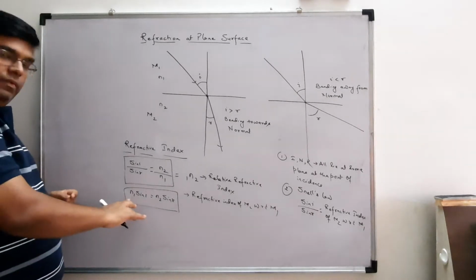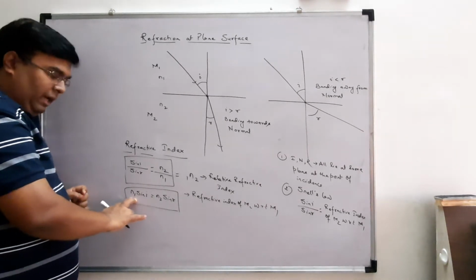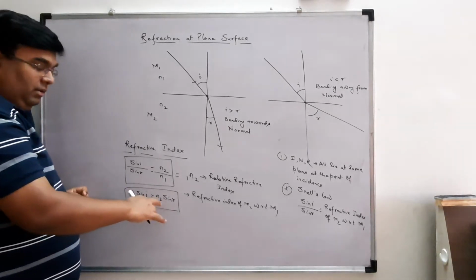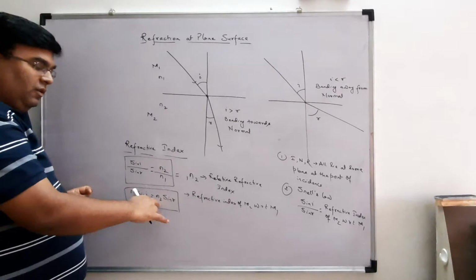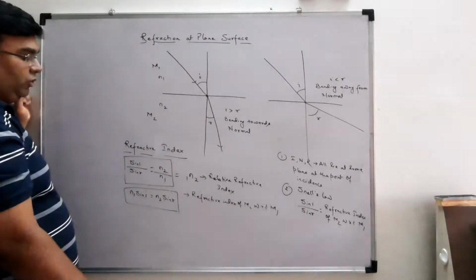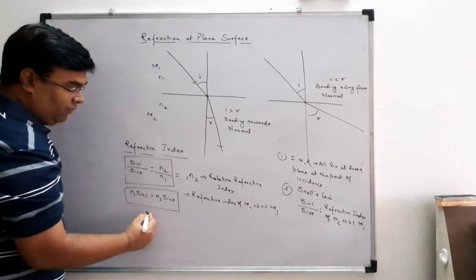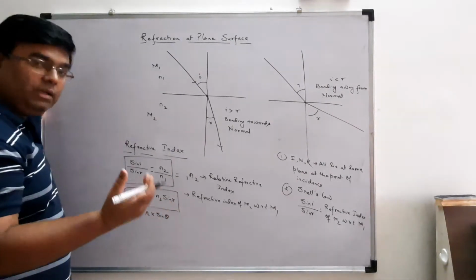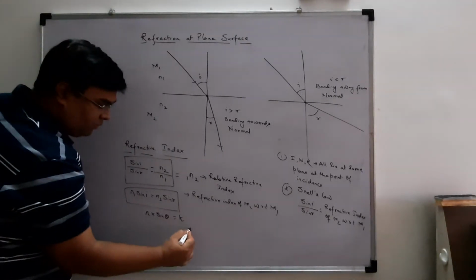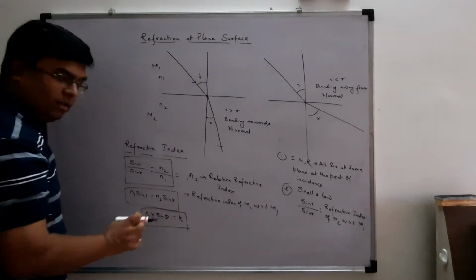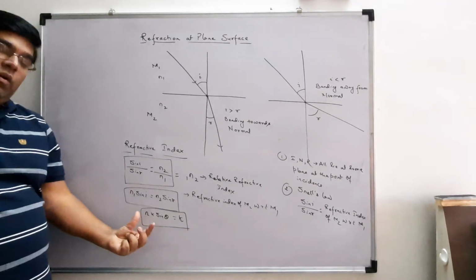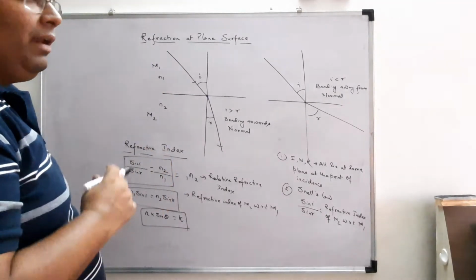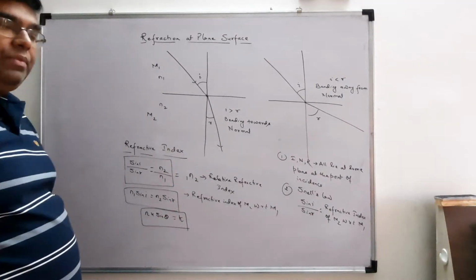So the product of the refractive index of the medium and the sine of that angle is equal to the refractive index of another medium and the sine of the other angle. So the product of refractive index and sine of the angle made by the ray with the normal is always constant.